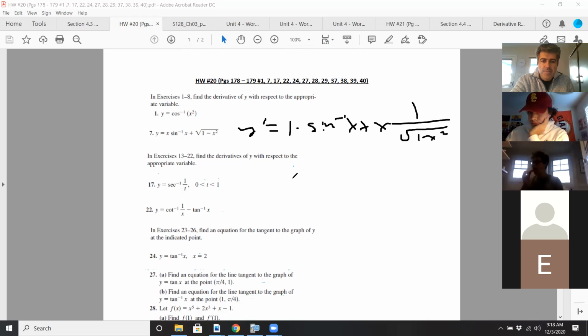And then plus, you got to do a chain rule here. Move the 1/2 to the front. 1 minus x squared raised to -1/2 times -2x times the inside. They did simplify it.